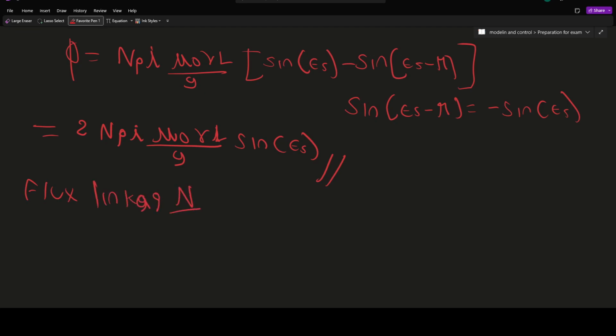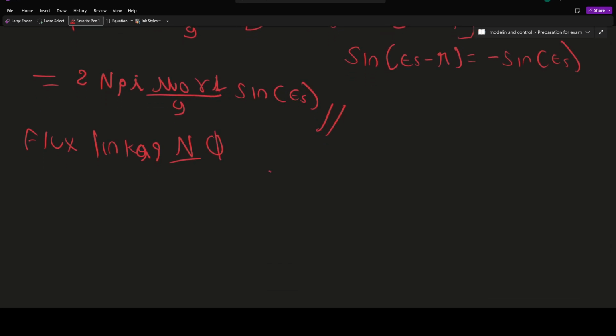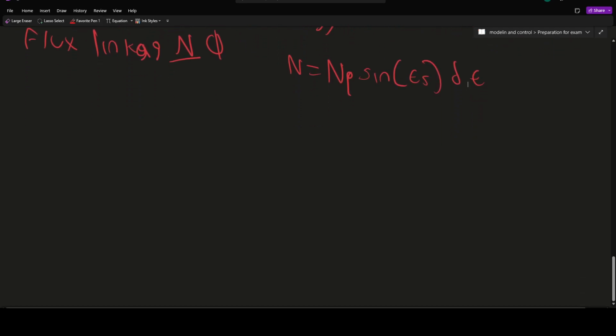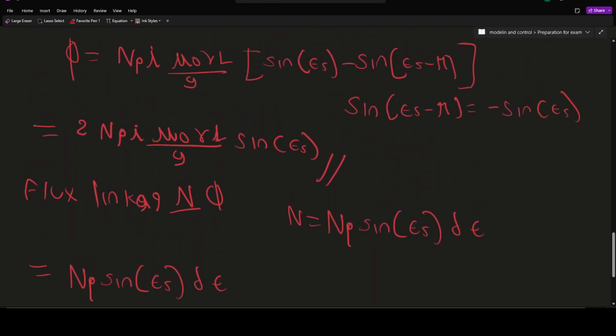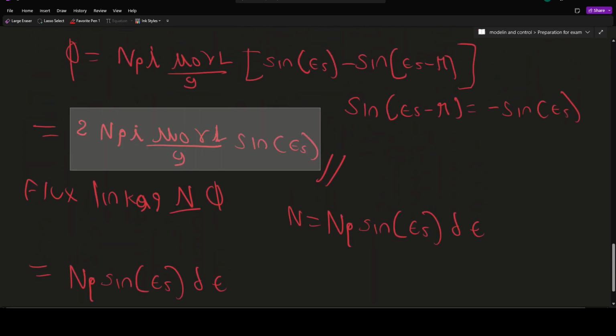That is multiply our number of turns by our flux. And we know that our number of turns is going to be MP, number of turns N. It's going to be MP, the peak, sine epsilon S T E. That is what we just found out. So this is going to be equals this times what we just found out here.